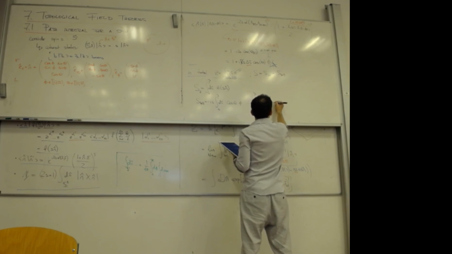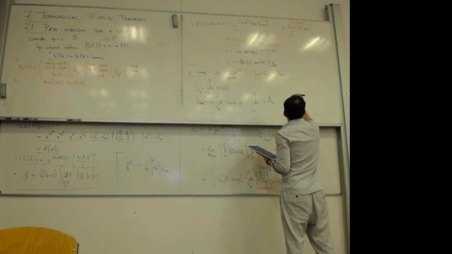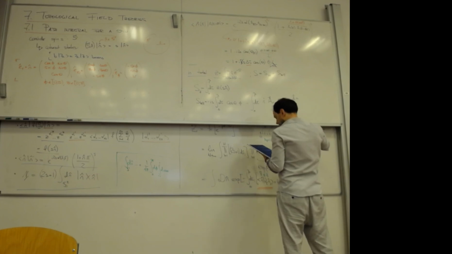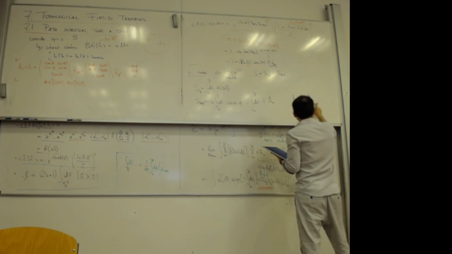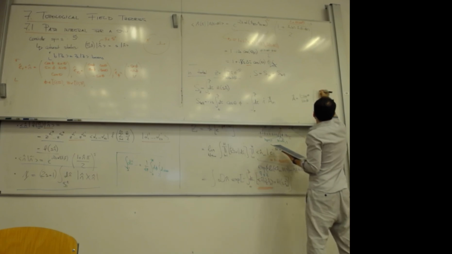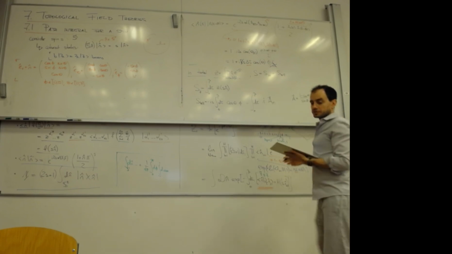A has the form 1 minus cos theta over sine theta, minus sin theta cos theta 0. This is defined.